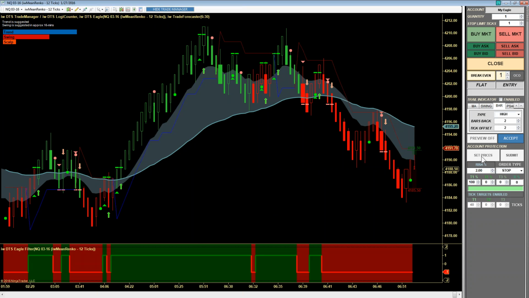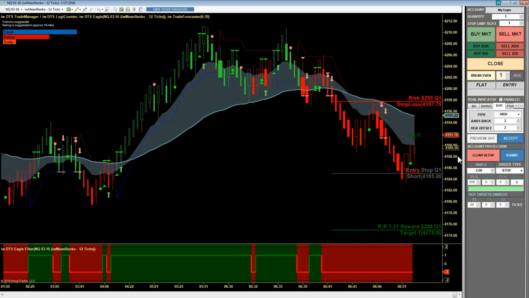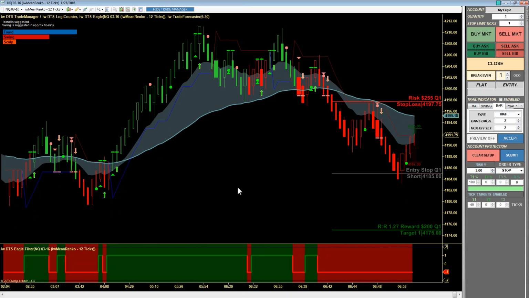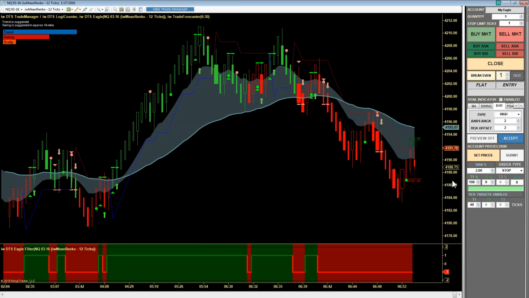So they would set the order and follow the order on Ninja and trade the order on their other platform. So if they got stopped out on this trade, they would hit their exit button on their other trading platform. I know it sounds a little cumbersome, but that's what they have chosen to do.